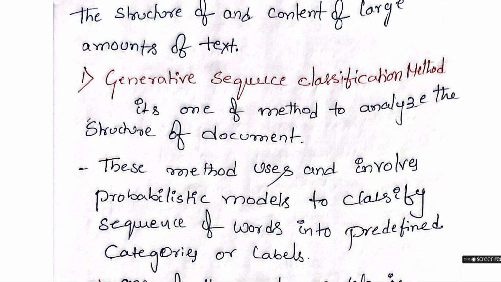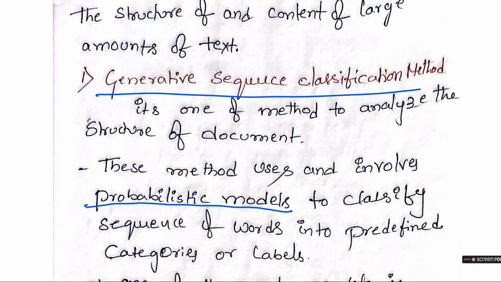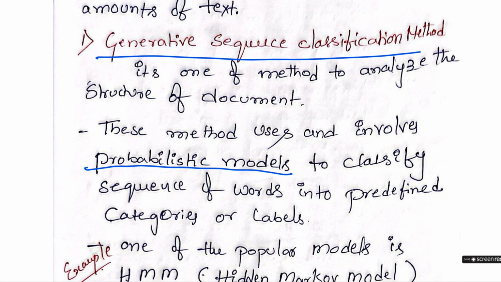This is also one of the methods. We can use this method to analyze the structure of the document and also the content of the large amount of text present in the document. Actually, these generative sequence classification methods involve probabilistic models. That means, to calculate the probability of the model, we can say how accurately this generative sequence classification method is analyzing the structure of the document.